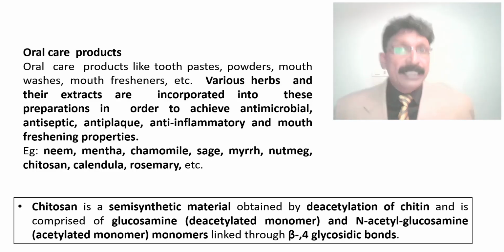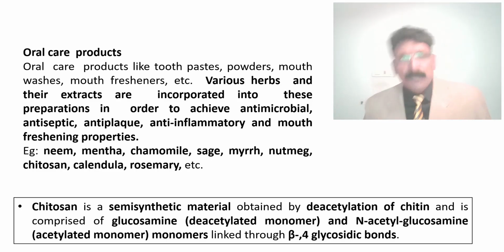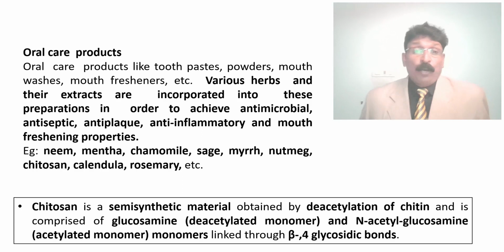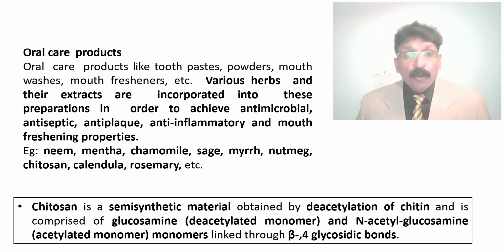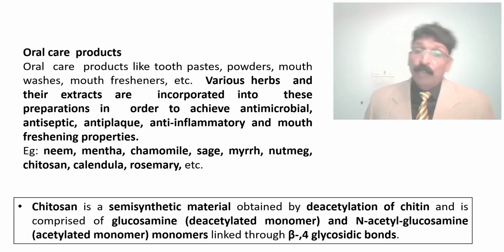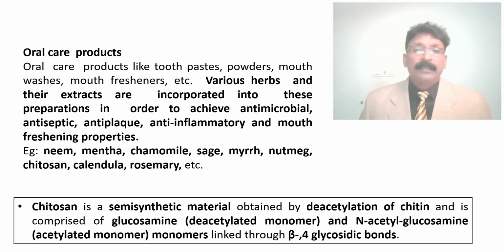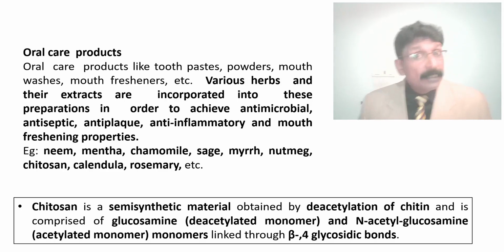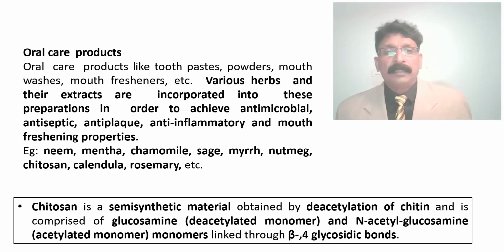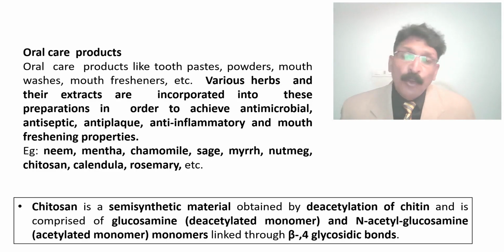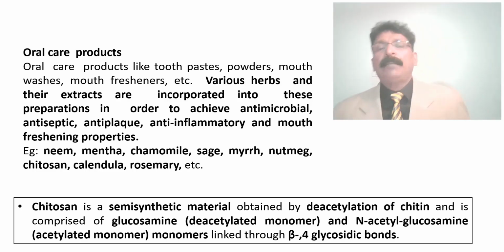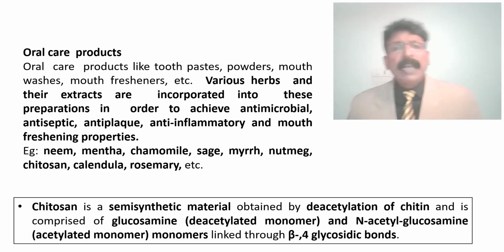Nowadays glucosamine is used externally in cosmetics and has more applications. It consists of glucosamine, the deacetylated monomer, and N-acetyl glucosamine, the acetylated monomer, linked through beta-1,4 glycosidic bonds. So it becomes a glycoside, and chitosan is more useful.